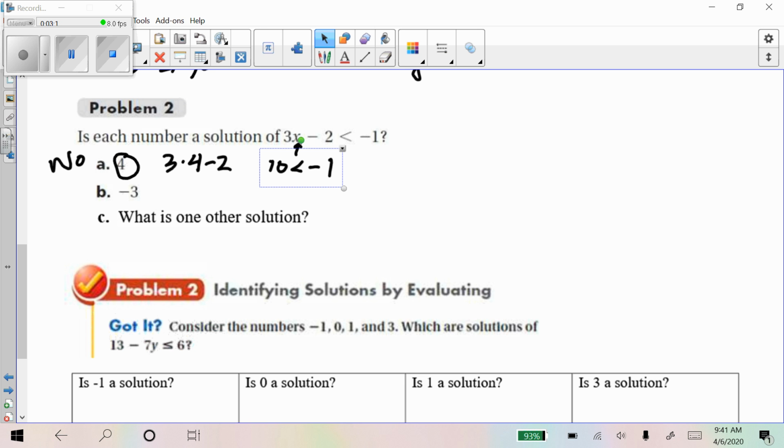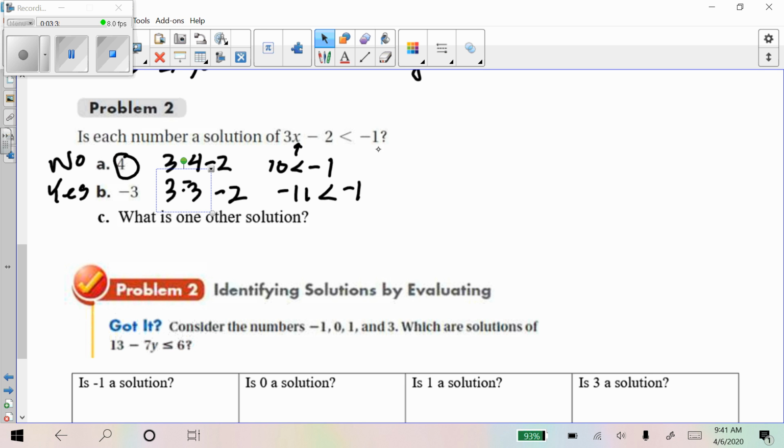So for B, we're going to do 3 times -3 minus 2, which is -9 minus 2 is -11. Is -11 less than -1? That is definitely true. So we're going to say yes, it's a solution. What is one other solution?